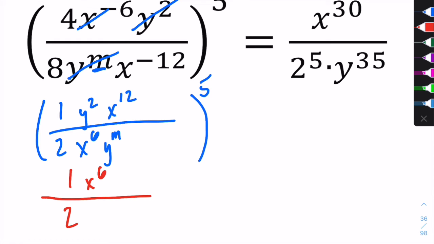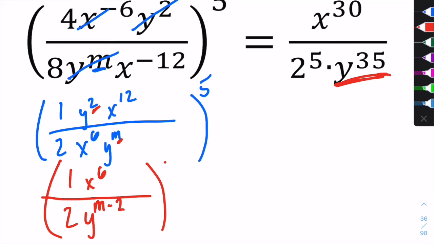Now, how would we do this with the y's? Remember, we end up with y to the 35th on the bottom at the end, so m must be bigger than the 2 that's in the numerator. So m is bigger, so how many are we going to have? We're going to have m minus 2 in the denominator. 2 of them would cancel with the numerator, and m minus 2 would be left in the denominator. Well, we still have it to the 5th power.